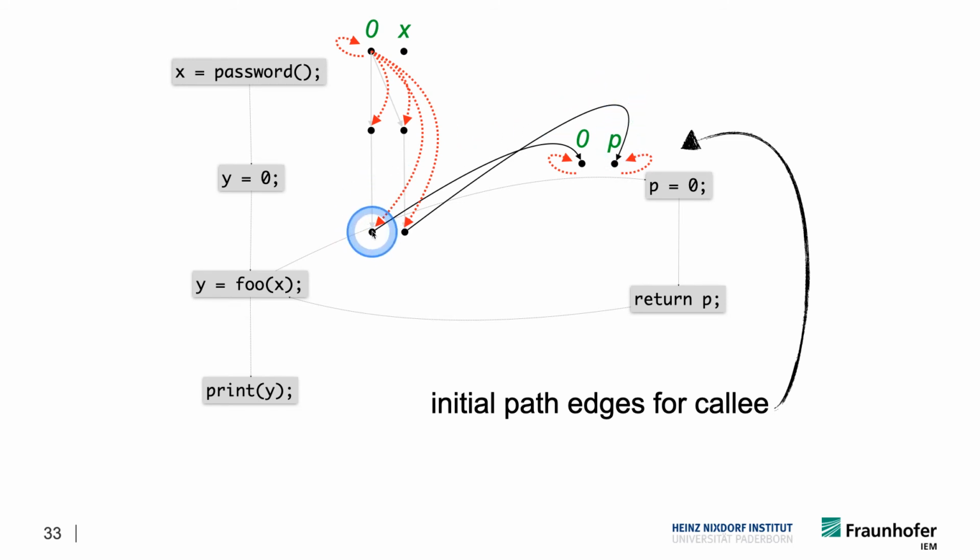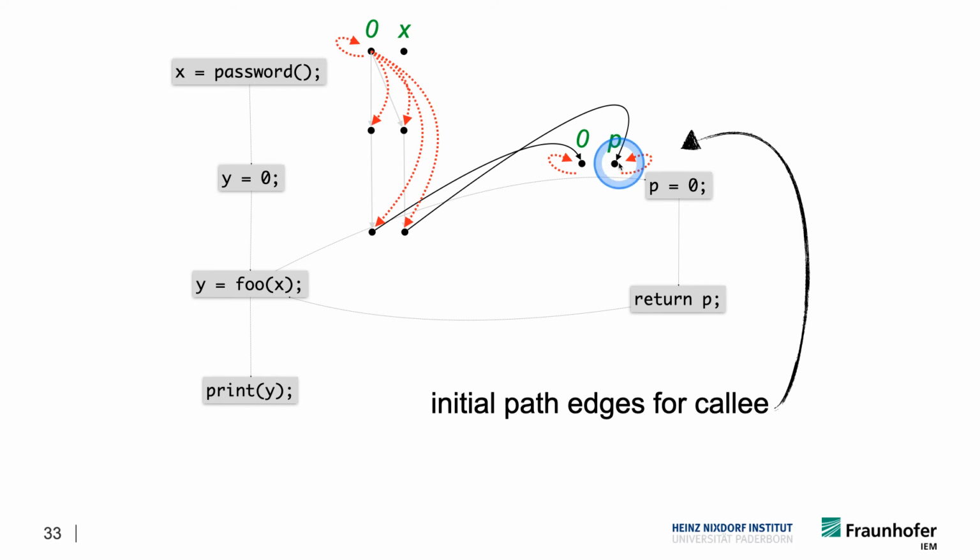So again, we use the flow function that is defined for this call statement to map the parameters to the formal parameters that we have here. Okay, so actuals to formals. And we map in particular X to P. But now we do not draw an edge from 0 here to P. Instead, we draw such a self loop.